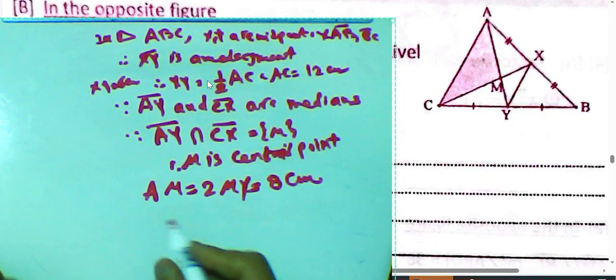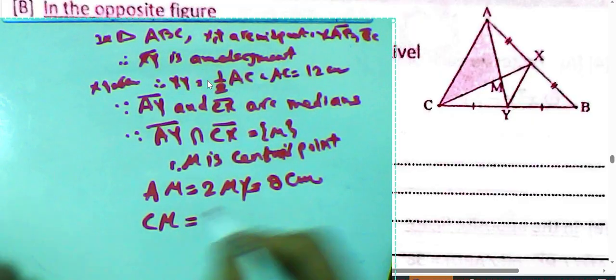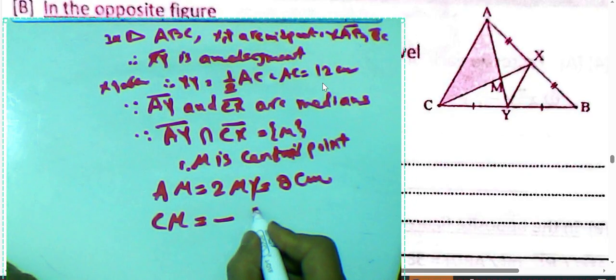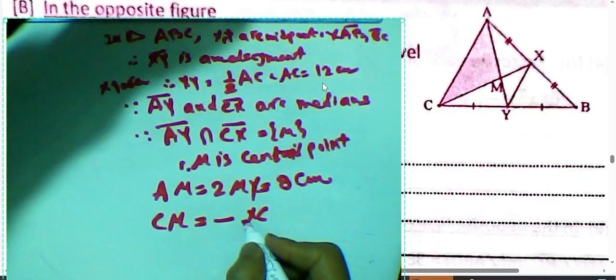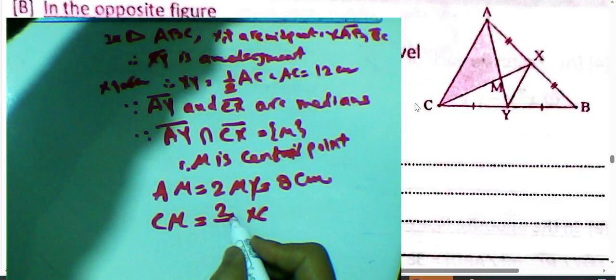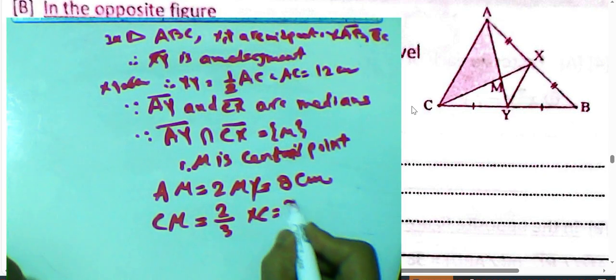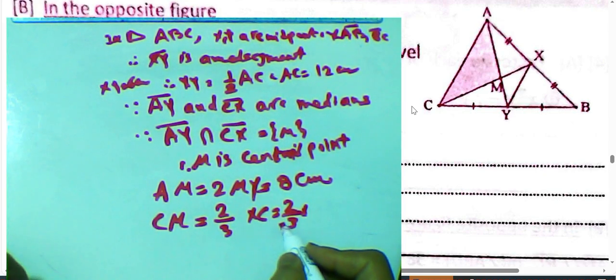And also we can find the length of CM. He gave me the information here about XC, 9. Okay, the relation between CM and XC. Look at here. CM will be 2 parts and XC 3 parts. 2 over 3 times the length of XC.